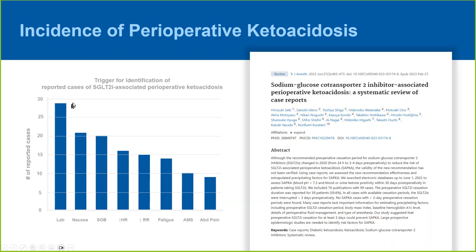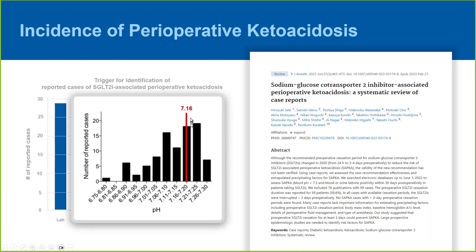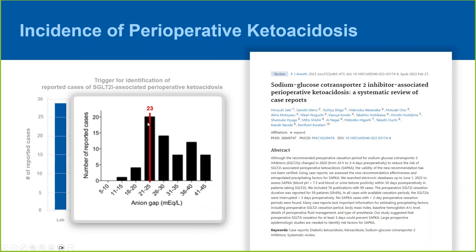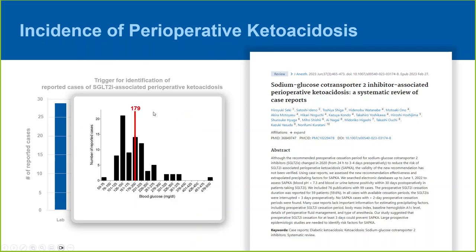And the most common thing that made the doctors realize that ketoacidosis was present was lab abnormalities. In particular, these patients had a median pH of about 7.1, a median bicarb of 9, a median anion gap of 23, and the median glucose was below 200, at 179.